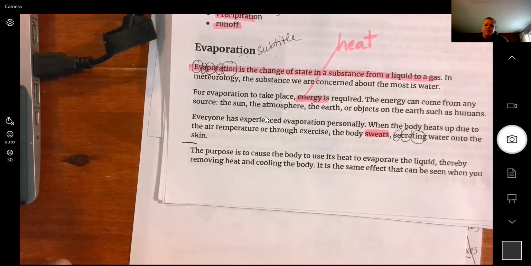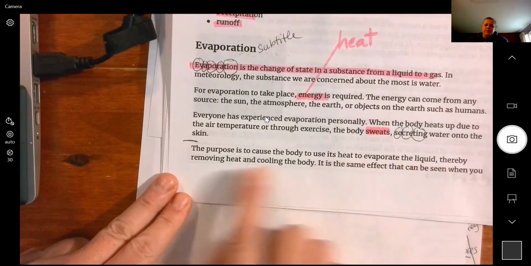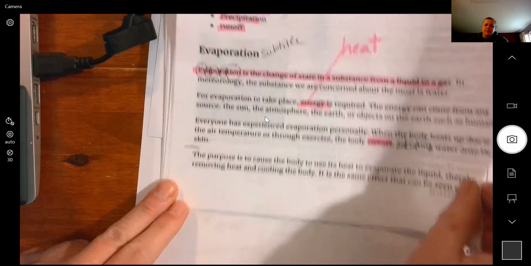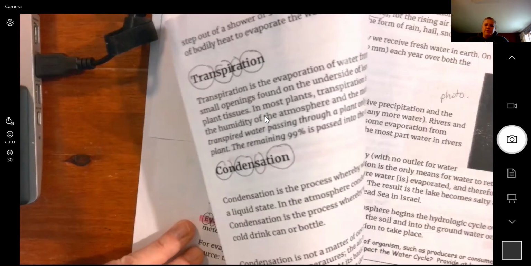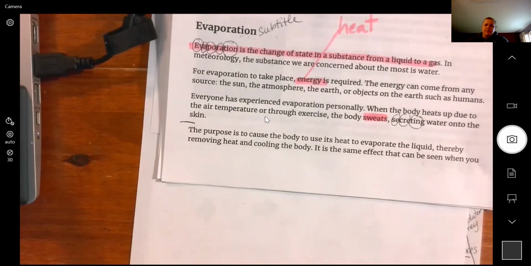All right. The purpose is to cause the body to use its heat to evaporate the liquid, thereby removing heat and cooling the body. It is the same effect that can be seen when you step out of a shower or swimming pool. And we're going to pause there. Why do we sweat? It's the effect of our sweat.